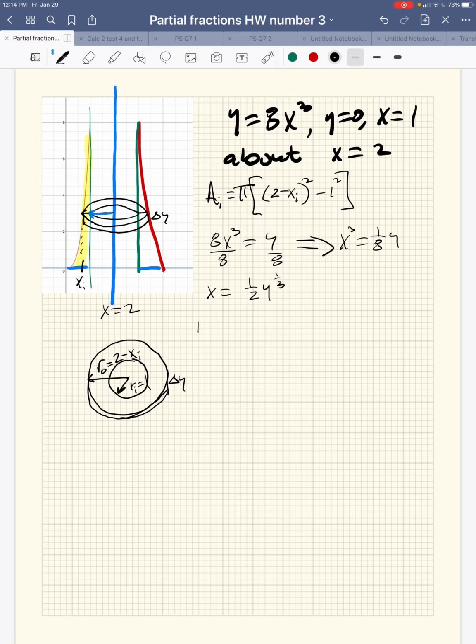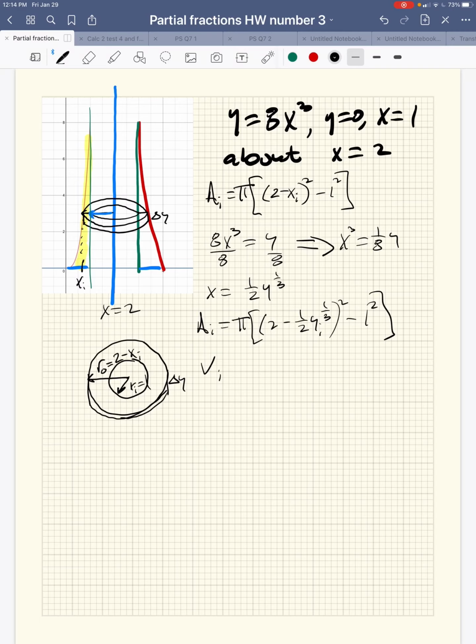So our area then would be A sub i equals pi times (2 minus 1/2 y sub i to the 1/3) squared minus 1 squared.